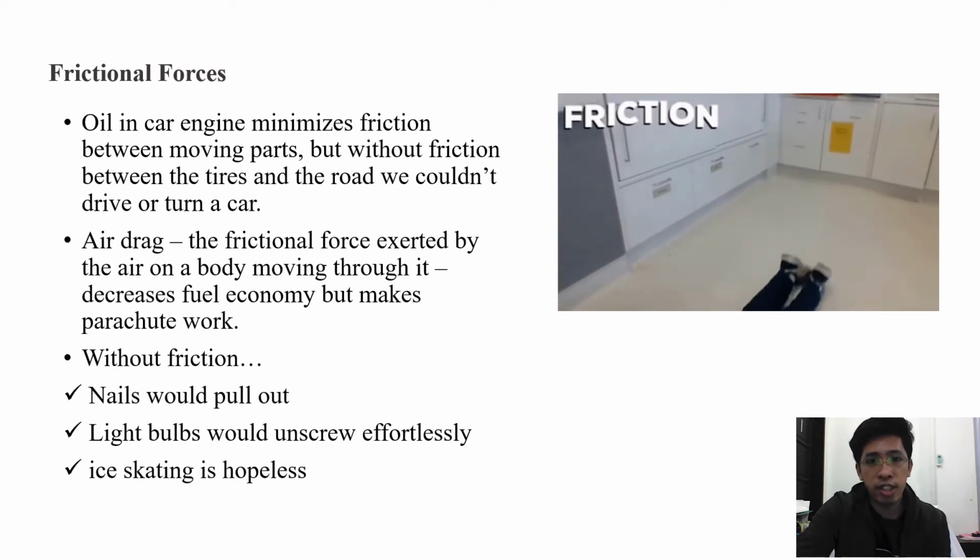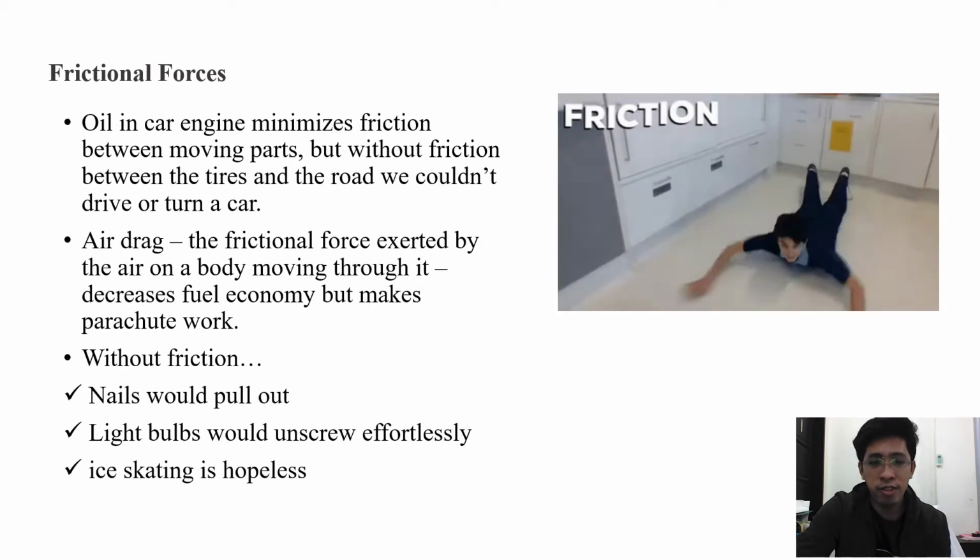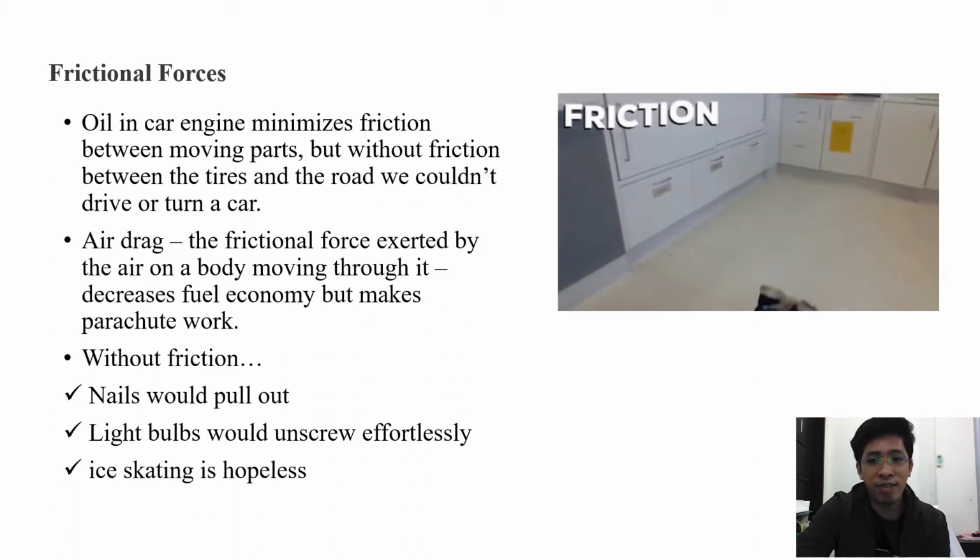The air drag, which is the frictional force exerted by the air on a body moving through it, decreases fuel economy, but it also makes your parachute work. Friction is sometimes a friend and sometimes a foe.